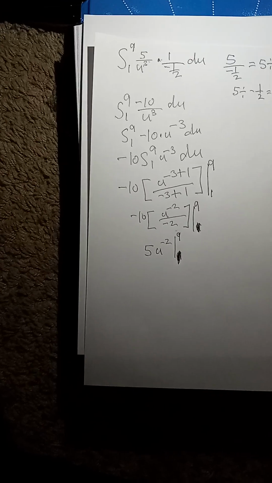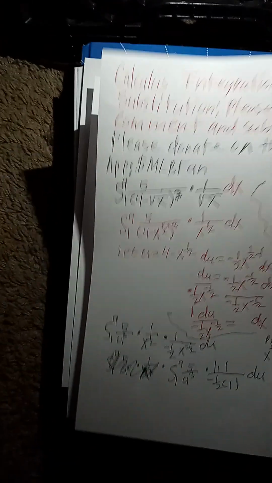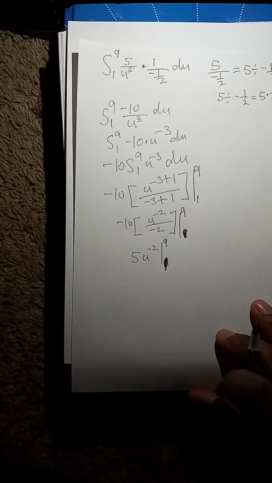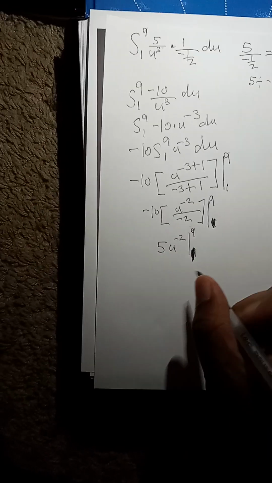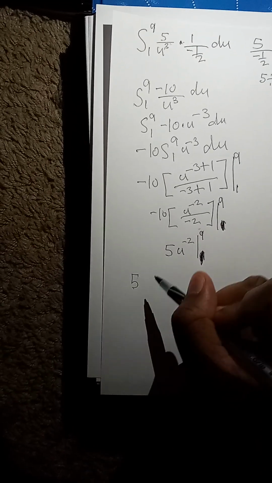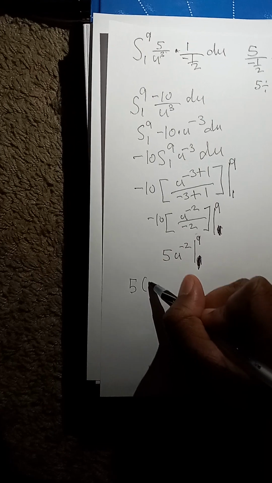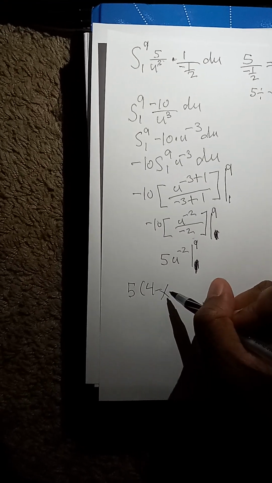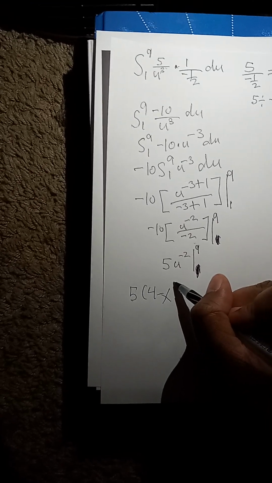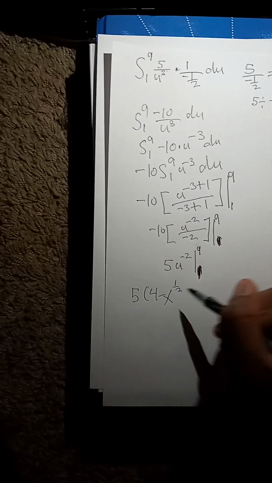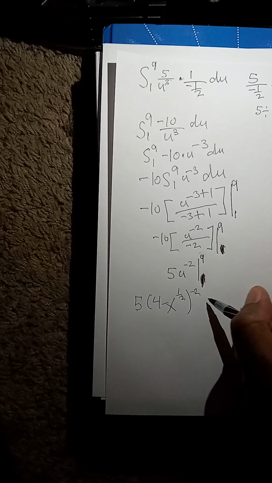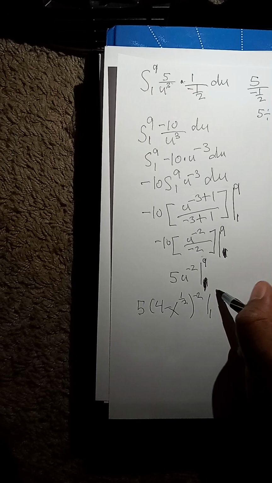And we had a substitution earlier when we stated let u equal 4 minus x to the 1/2, and we need to replace u with that. So it's going to be 5 times 4 minus x to the 1/2, to the negative second, from 1 to 9.